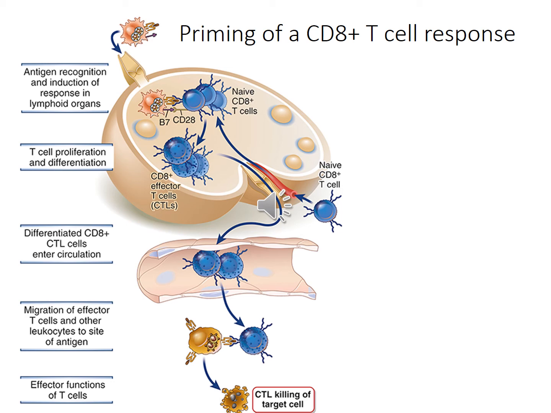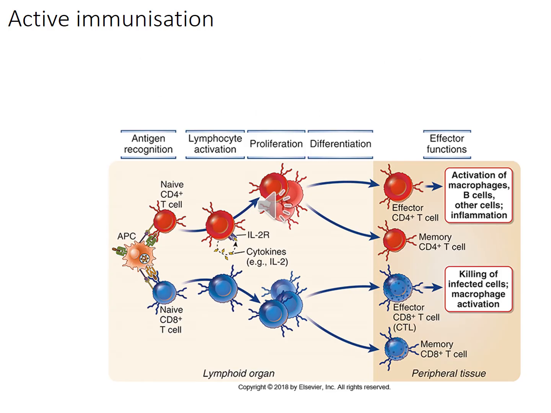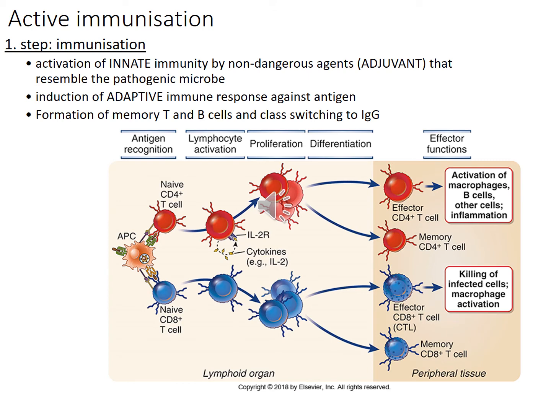The effector cells go out into the circulation where they find other cells presenting the peptide they recognize. If the priming has been successful, this results in the killing of the target cell. That's why they are called cytotoxic T lymphocytes. So in active immunization, we need to induce a T cell response.